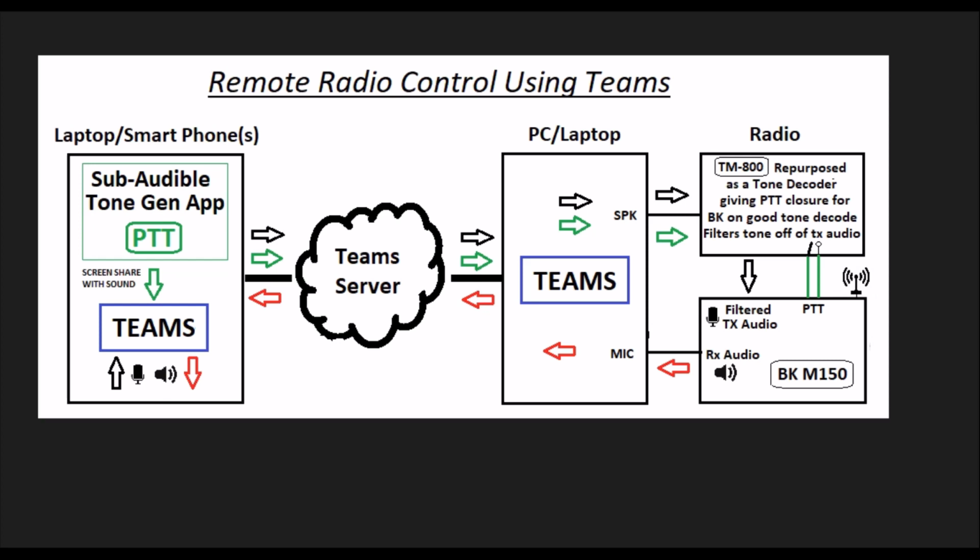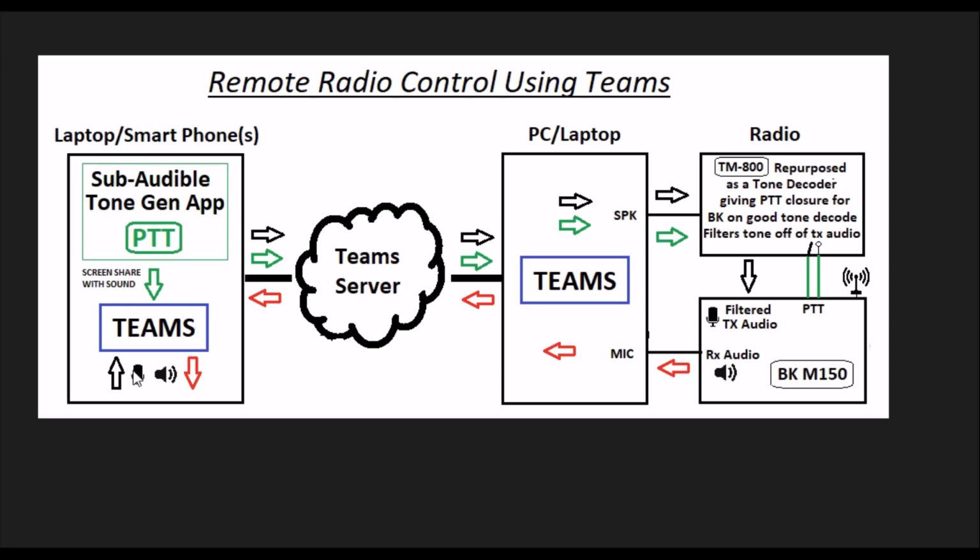Okay, here's a block diagram drawing of the setup I just did. It starts over here with my smartphone, which had the subaudible tone app on it. In order to get that app audio across, you need to do a screen share with the sound connected.